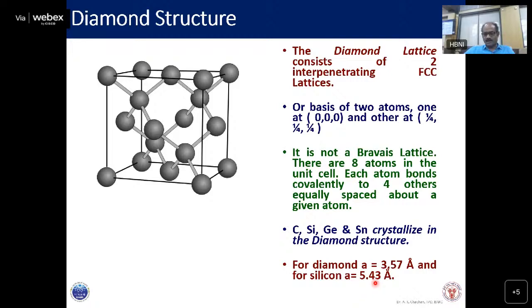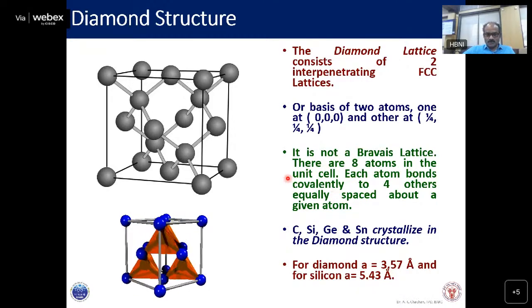For diamond, the lattice parameter is 3.57 angstrom, because it is represented in cubic form. Cubic has a, b, c equal and angles of 90 degrees, so you can characterize it by only one parameter, a, the lattice parameter. For diamond it is 3.57 angstrom, and for silicon it is slightly larger, 5.43 angstrom.